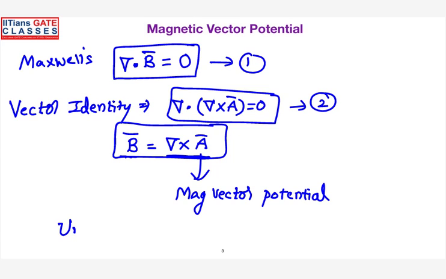So can you define what is the unit of the magnetic vector potential? Can you reply in the message? What will be the unit of magnetic potential?